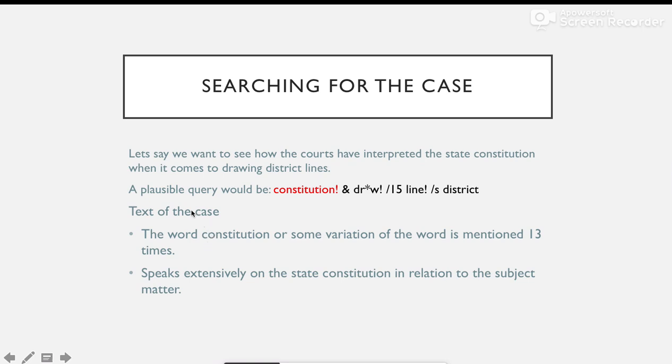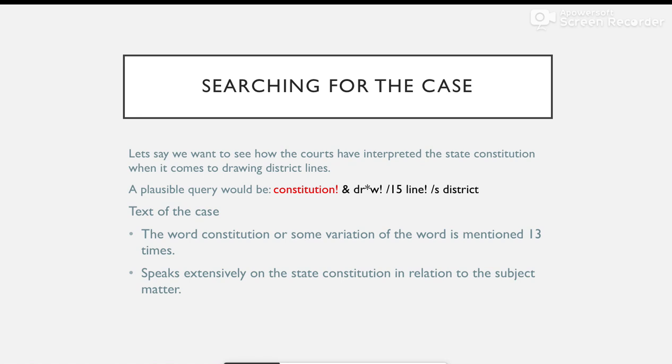So looking at the text of our case in question, we have to ask ourselves, would this find our case? So first of all, we see the word constitution or constitutional, some variation of those words, mentioned 13 times within the case.